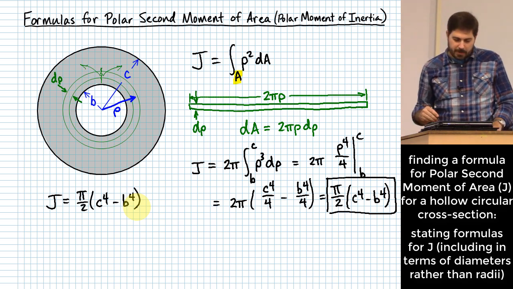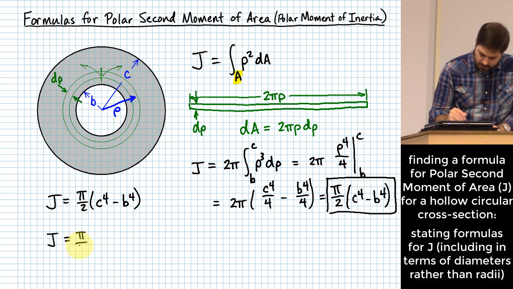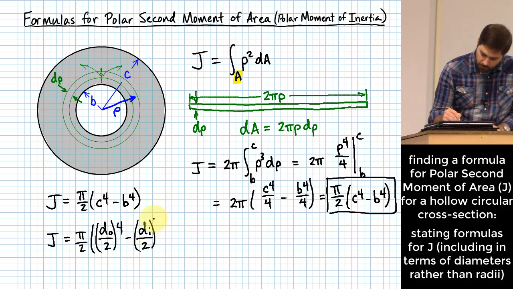Here's what I mean. What if I wanted to express this in terms of diameters? Okay? I could do this as, let's say, an outer diameter over 2 to the 4th minus an inner diameter over 2 to the 4th.